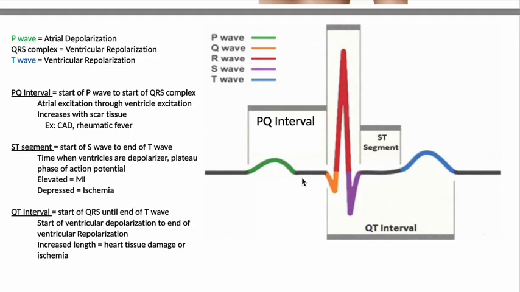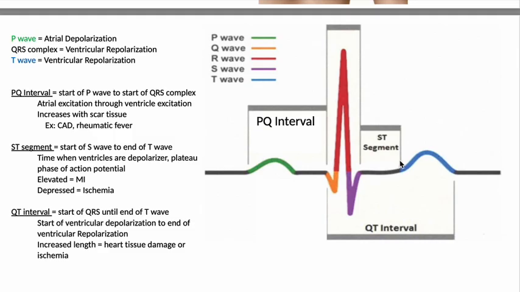After our atria contract, our ventricles have to contract, right? That's step 2. Our ventricles are going to contract, and that is stimulated by ventricular depolarization. So this peak right here, our QRS complex, is our signal for ventricular depolarization. And then our blue wave is ventricular repolarization.